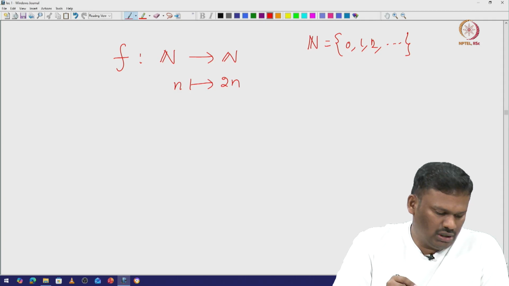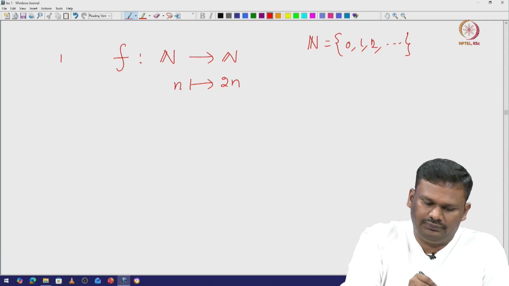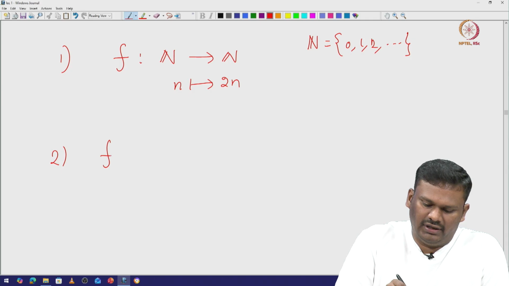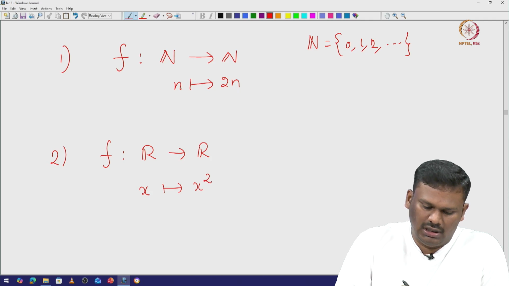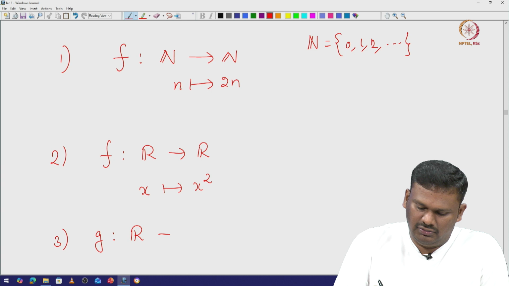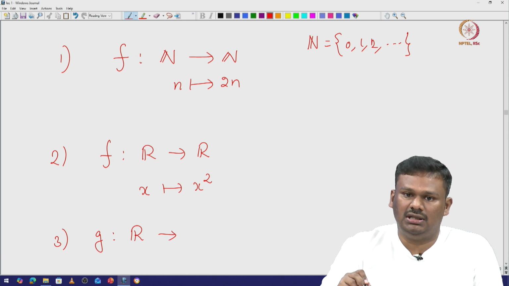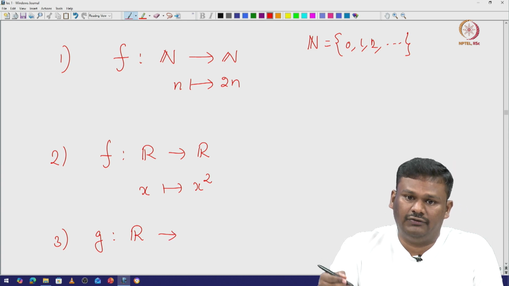So, now I can also define a function, okay, like f of x from R to R given by, let us say, x goes to x square. And then one can also define a function. So, these labels f, g, h, they are often used to denote the functions.